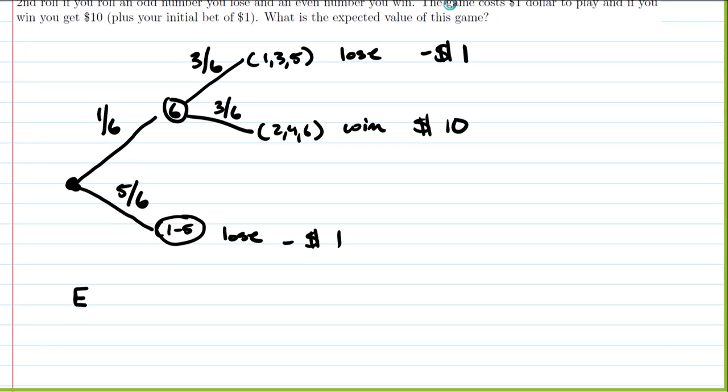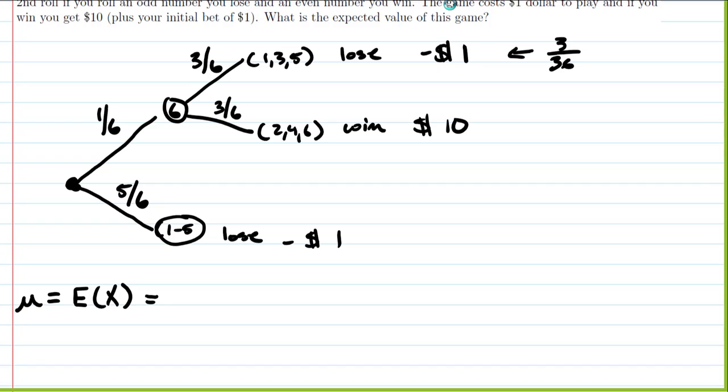Well, the expected value of this is going to be our probabilities times our values. Our first branch going up is 1/6 times 3 over 6, so the probability of this branch is 3 over 36.